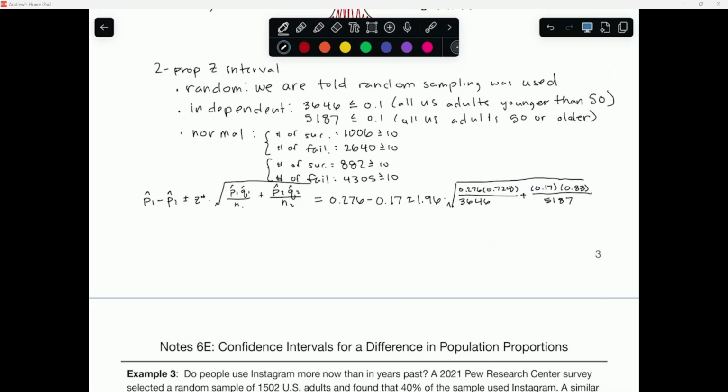Confidence level is 0.95, and when I run that on my calculator, I get 0.088 to 0.124 rounded up.